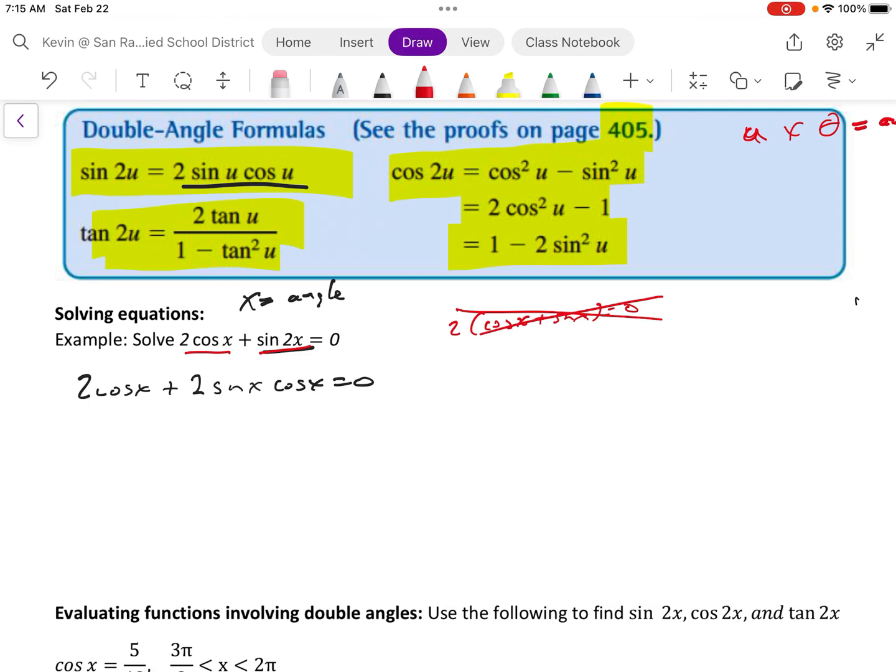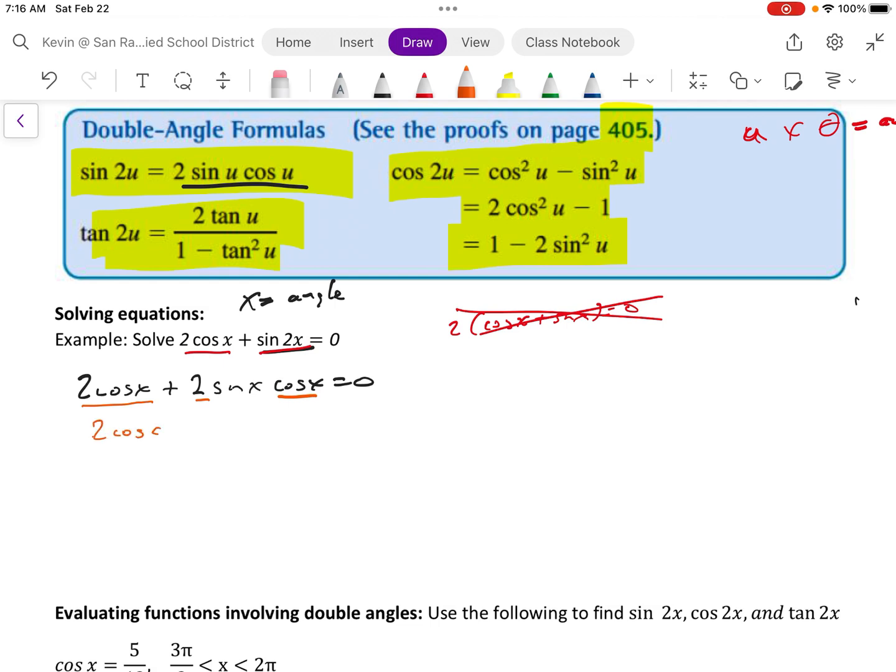Here we can actually factor out a value. We can factor out the 2 cosine. Since this is 2 times sine times cosine, it doesn't matter what order we put it in.